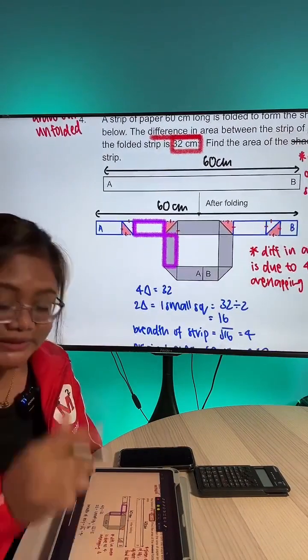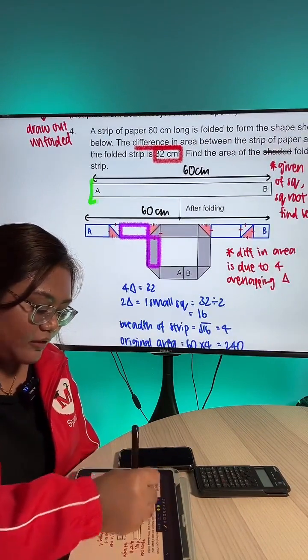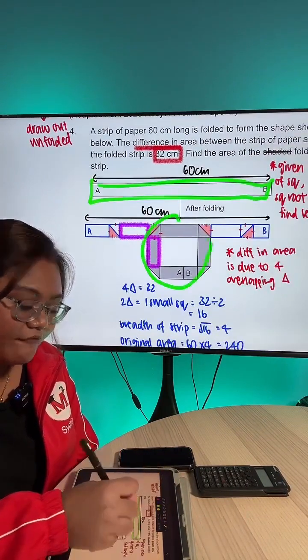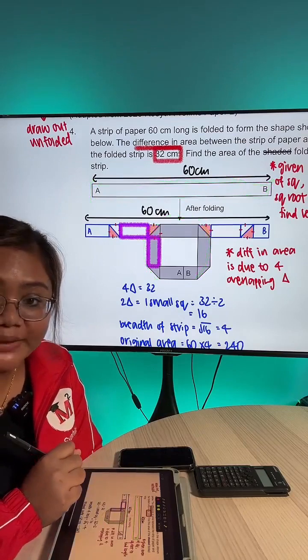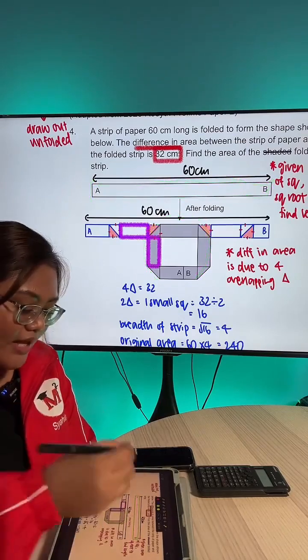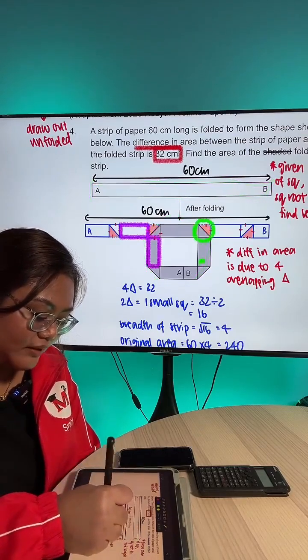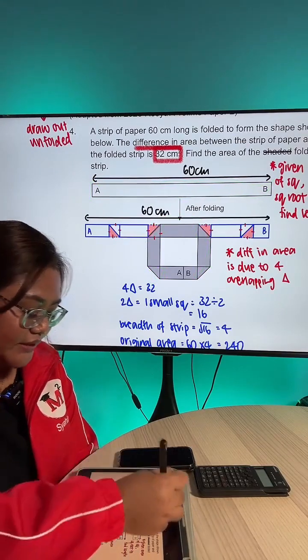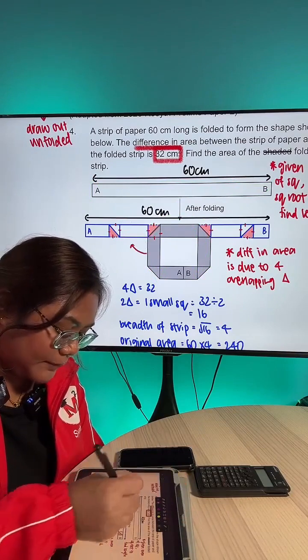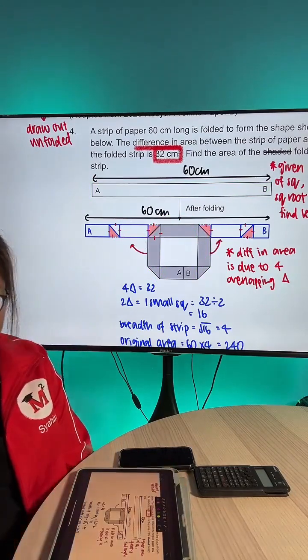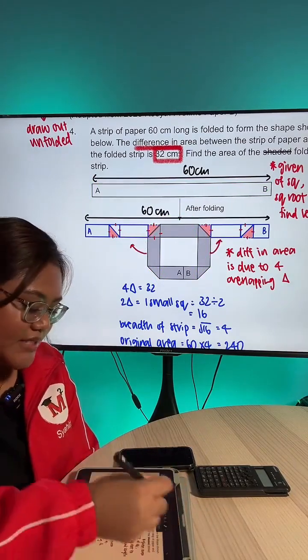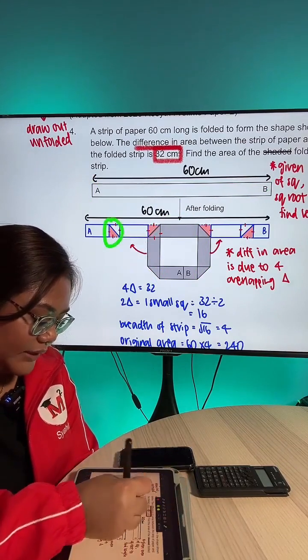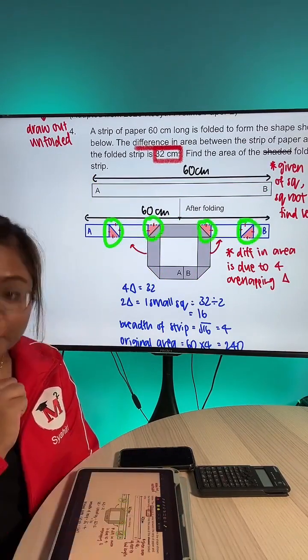Okay, so one more time, yeah, one more time. This is my original strip. This is my folded strip. What happens if I unfold everything? I will get overlapping triangles. 1, 2, 3, 4 overlapping triangles. Okay, let me just draw out this arrow up, arrow up. Okay, so if I unfold everything, I will get some overlapping triangles here. 1, 2, 3, 4.